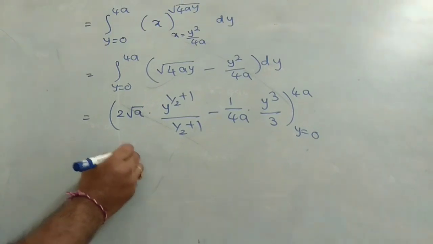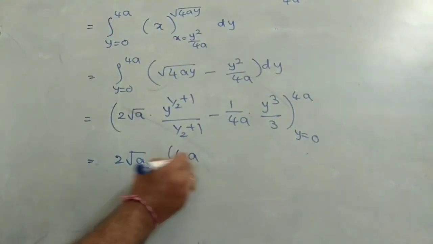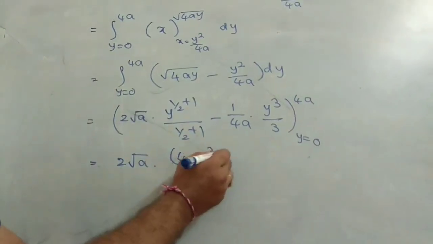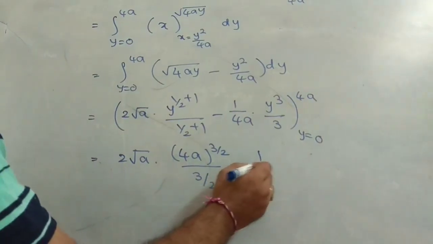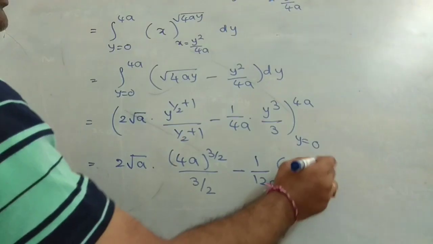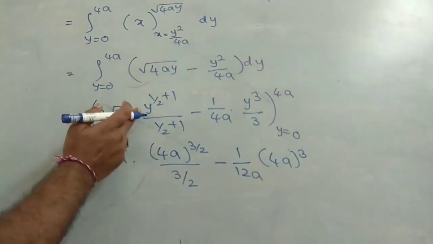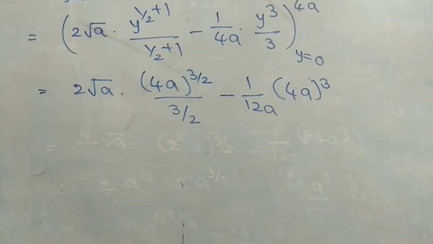So it is 2 root a, substituting the upper limit, 4a whole power 3 by 2 divided by 3 by 2, minus 1 divided by 12a, substituting the upper limit 4a power 3, and the lower limit y equal to 0 gives zero.